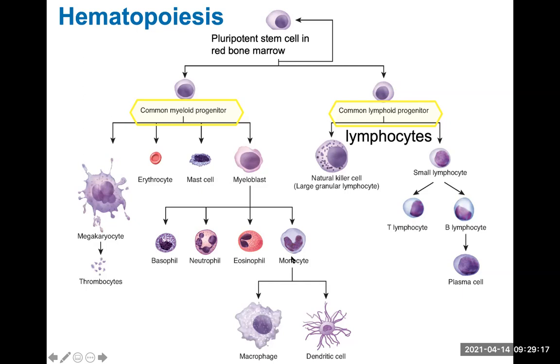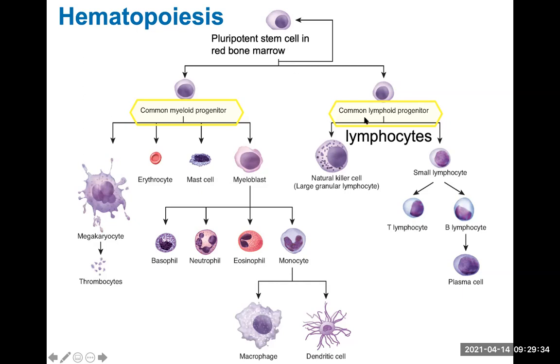Monocytes circulate in the blood. When they move into the tissue, they will further differentiate or mature, and they will either become a macrophage or a dendritic cell. Okay.